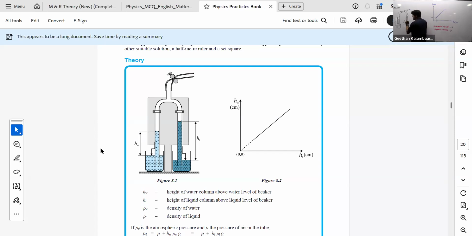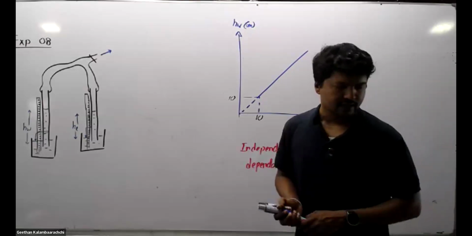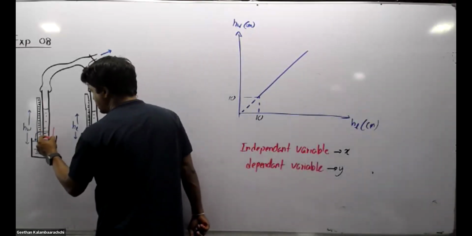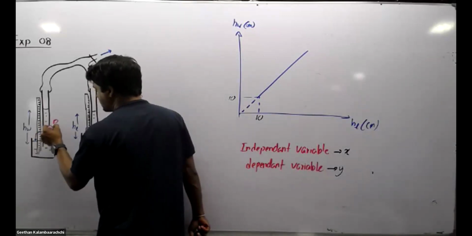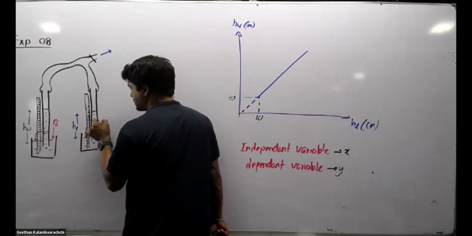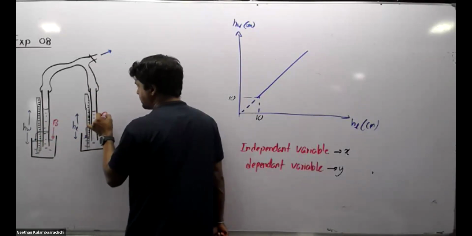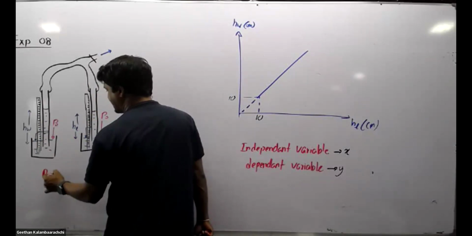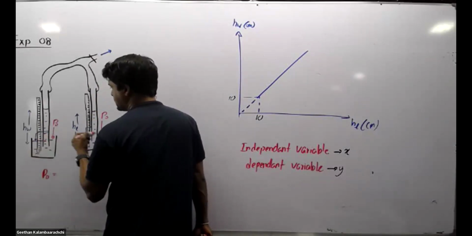Here too I'll tell you how you can write the equation. It's a bit more complicated than the previous one. Here the pressure on the surface of the liquid is the atmospheric pressure. P naught is equal to the pressure here.